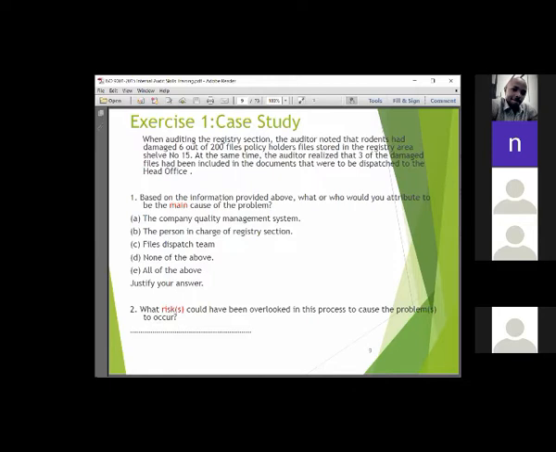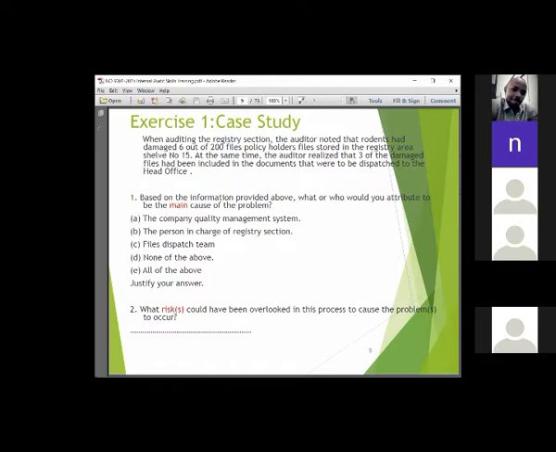So it solely rests with them. Okay, but not A. So the person in charge of registry. Okay, B. Who else wants to support my answer? What was your answer?